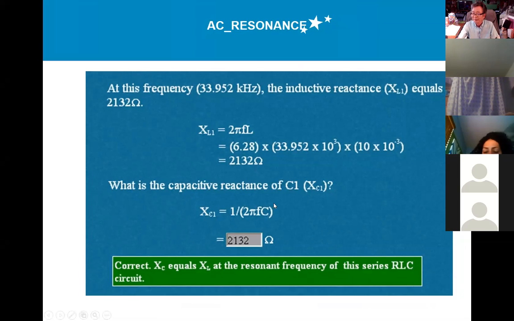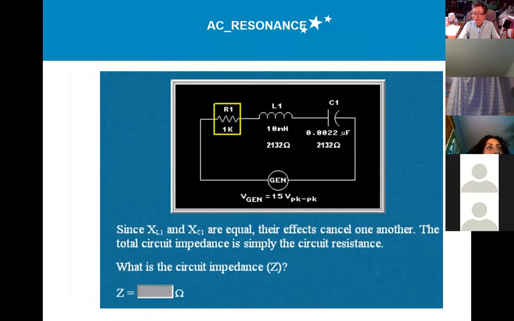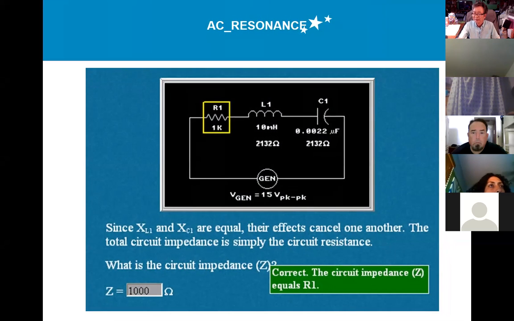XL and XC are equal, and they cancel one another. The total circuit impedance is simply the circuit resistance. In this case it will be equal to 1K. Very good. So the answer will be 1000 ohms.